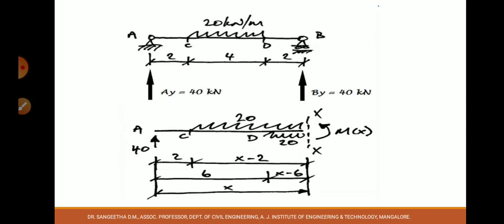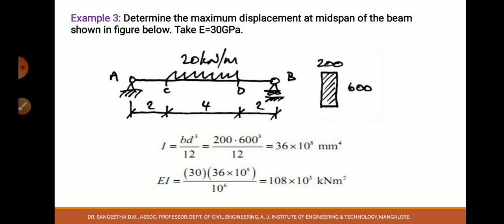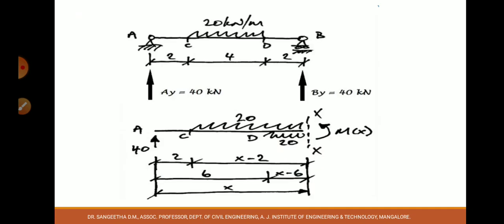Here you have 20 kilonewton per meter, and fortunately it is exactly at the center. So the load gets equally distributed. So the support reactions: 20 into 4 is 80, so VA and VB, or AY and BY, are 40 kilonewton. So reactions are evaluated.